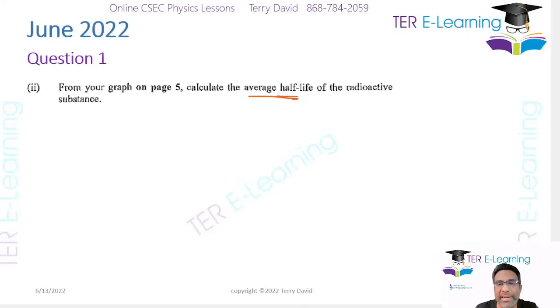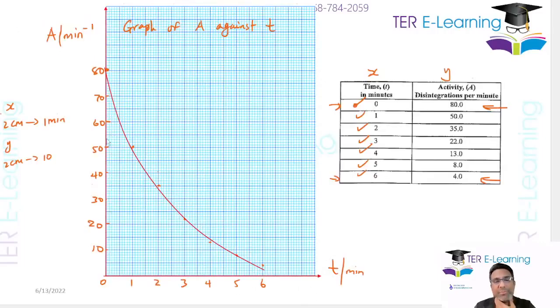All right, so the next part, they want the average half-life. So what we're going to do, you could start with your initial value of 80, and we can find the time taken to decrease by half that amount. So let's insert a line.